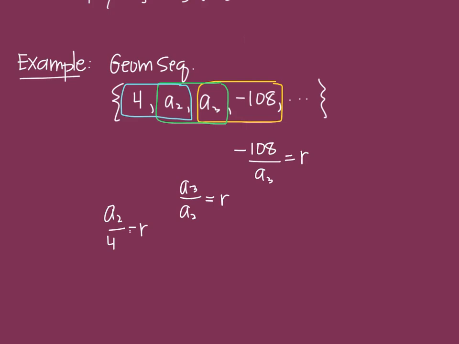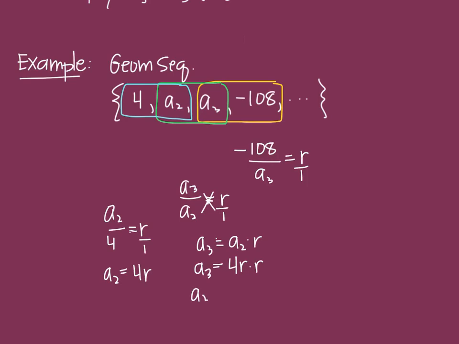Each of these can be cross-multiplied if I just put a 1 under all of the R's. So I'll cross-multiply. That's going to give me A sub 2 equals 4R. If I cross-multiply again here, that's going to give me A sub 3 equals A sub 2 times R. Well, I know what A sub 2 is from the cross multiplication I just did.